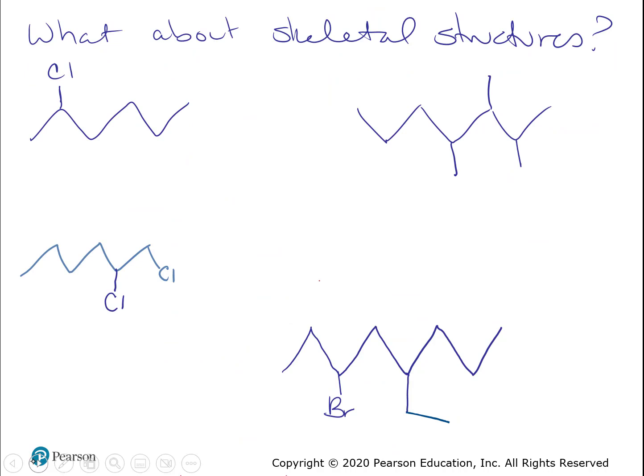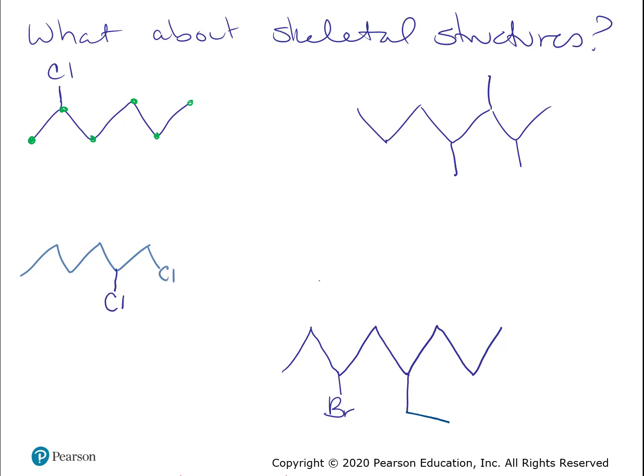Okay, so what if you see a skeletal structure? This throws people too. When you see a skeletal structure, you've got a couple of options. If you were me, you could just put dots to represent carbons. So how many dots in that first one? 6. Remember 1, 2, 3, 4, 5, 6.